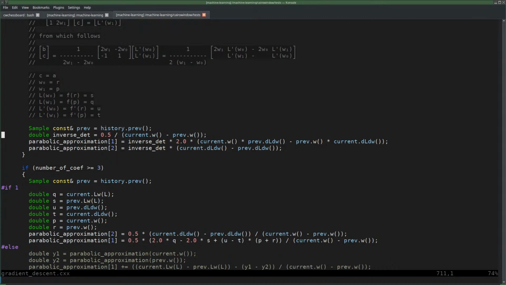Yeah, problem. I don't think I should have ever run into this, because it is that current minus previous equals 0.